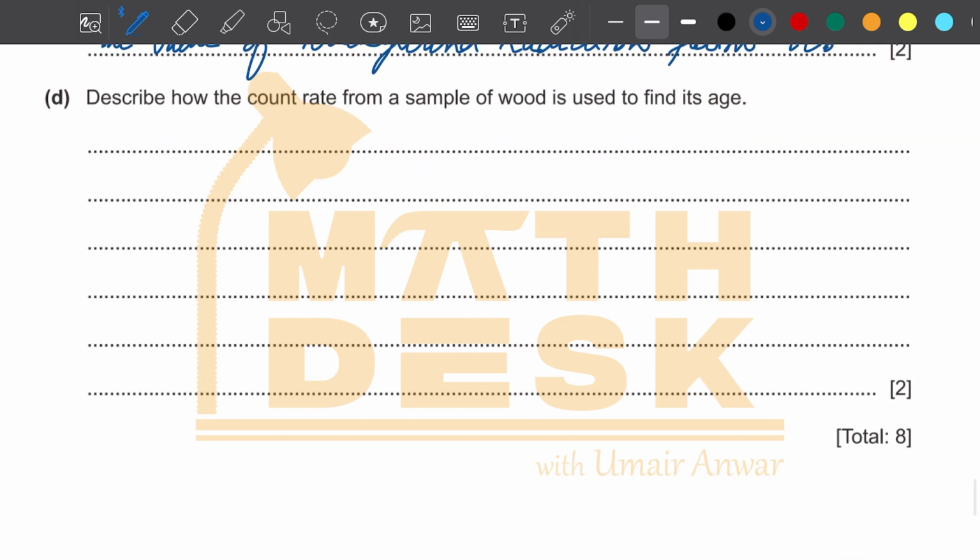Now the next part says describe how the count rate from a sample of wood is used to find its age.